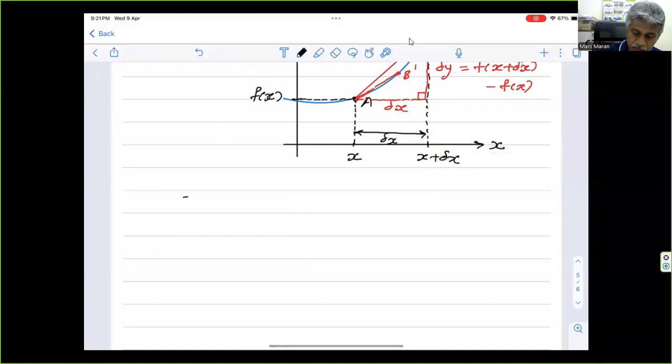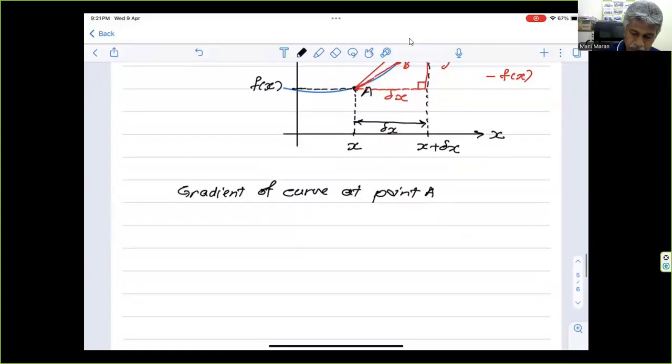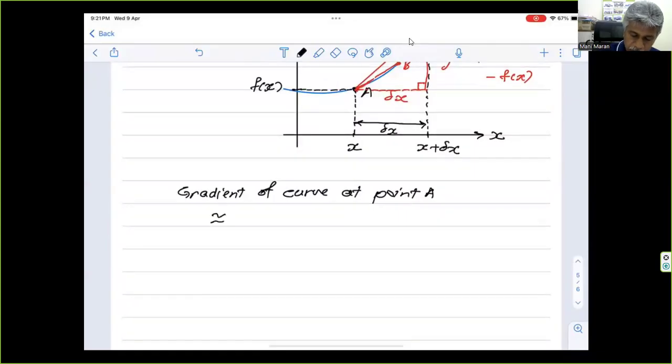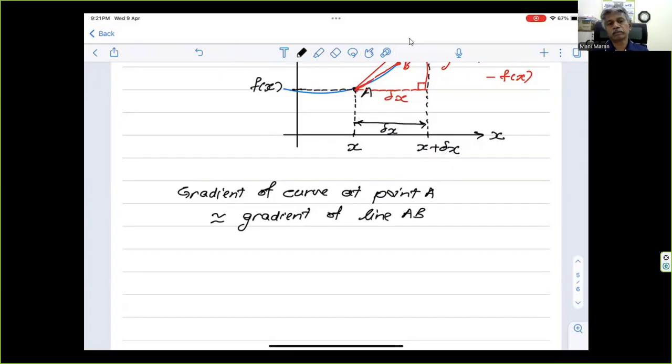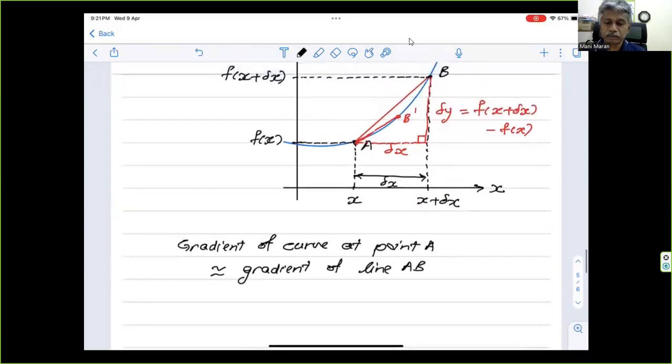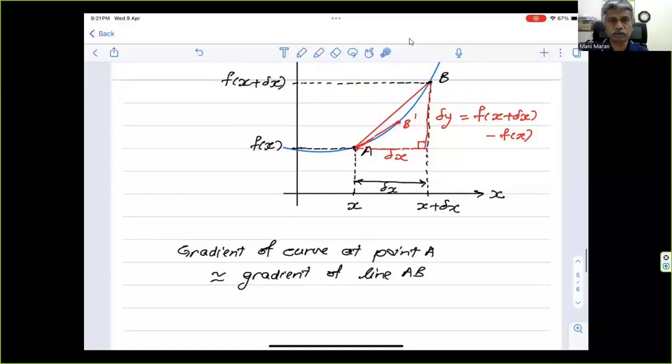So here we write down: gradient of curve at point A is approximately equal to gradient of line AB.